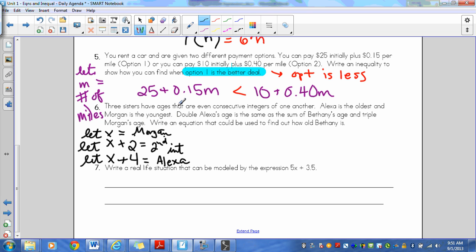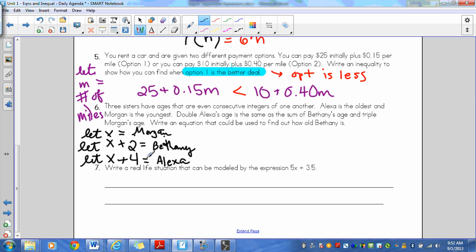And then it looks like Bethany is the middle child. So if the youngest child is 10, then Bethany would be 12 and Alexa would be 14. If the youngest child is 8, then Bethany would be 10 and Alexa would be 12.